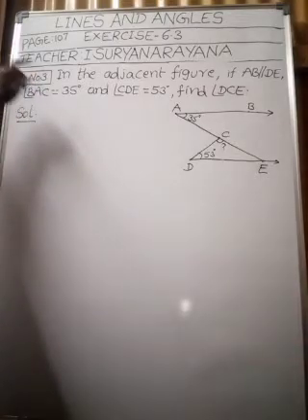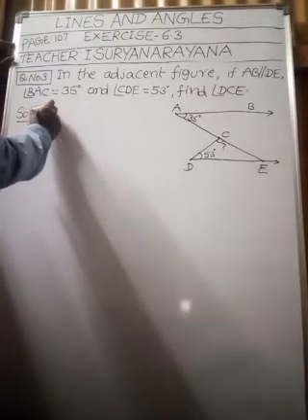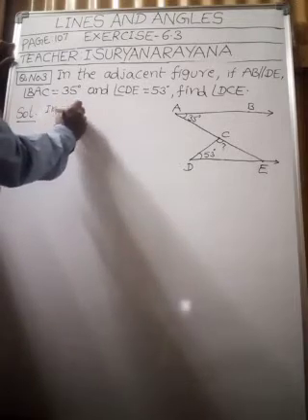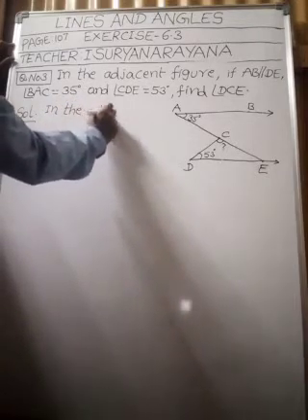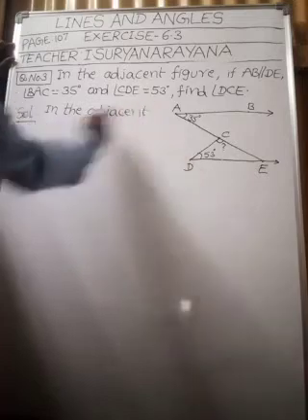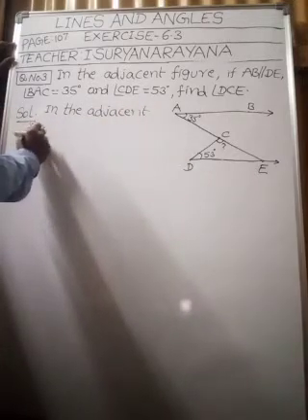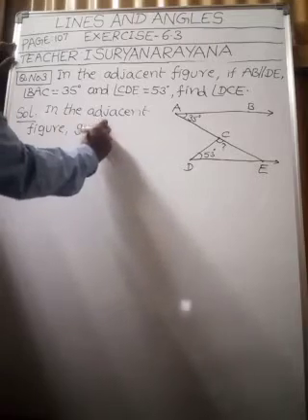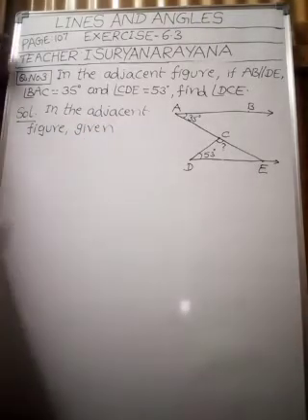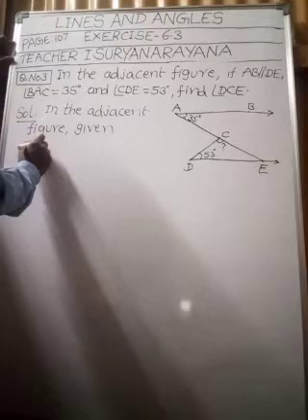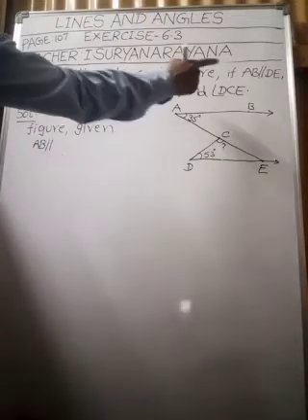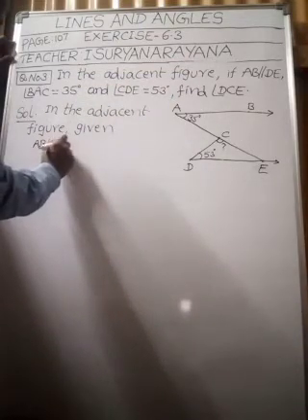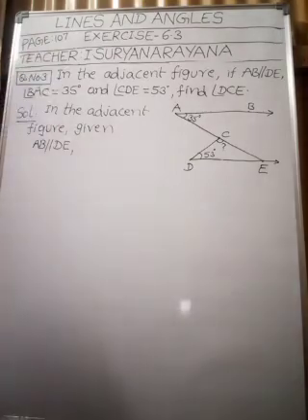First, let us write the given data. In the adjacent figure, given AB is parallel to DE.